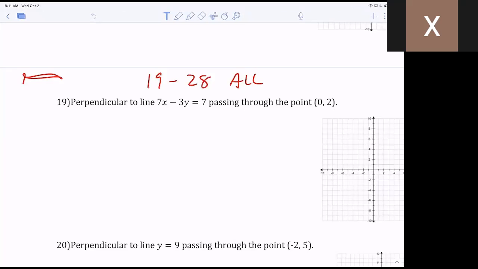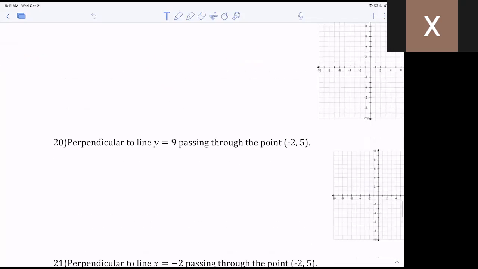Thank you. Good. Okay, let's look at 20. Now, this one is a nice problem because it's an easy one. I've been trying to discuss with you y equals 9. Y equals 9 is a horizontal line, right?